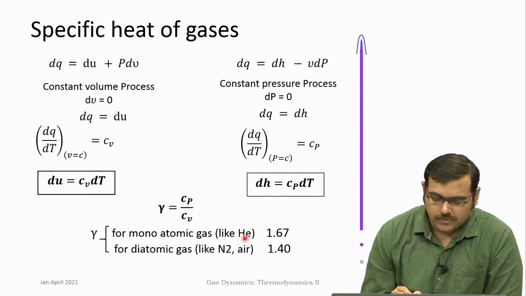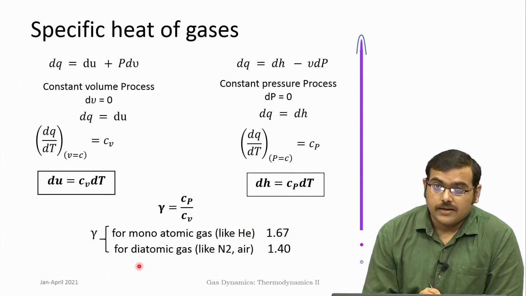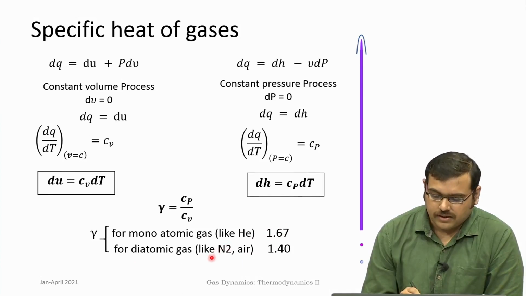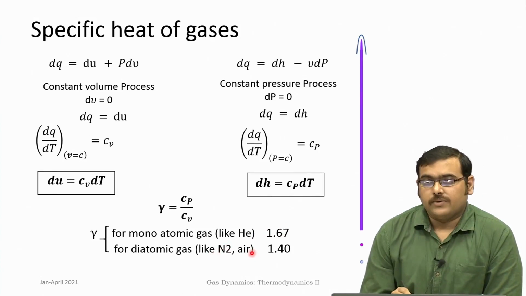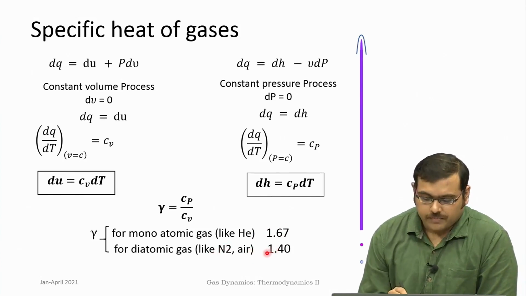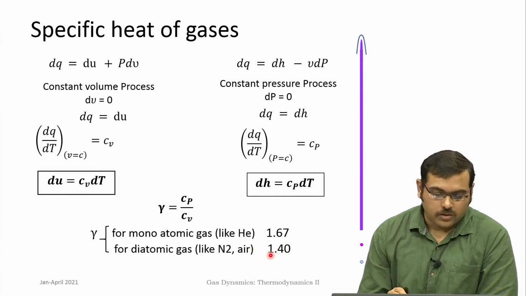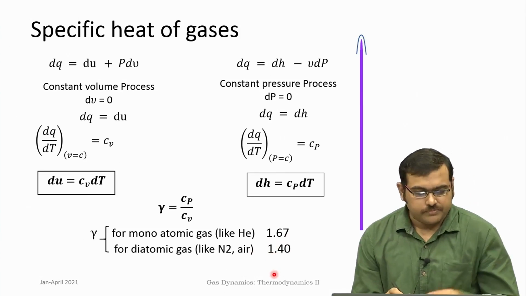For monoatomic gases like the inert gases helium, argon and so on, it has a value of 1.67, and for diatomic gases like nitrogen, oxygen and so on, including air, which is mainly constituted by nitrogen and oxygen, the value of gamma is 1.4.